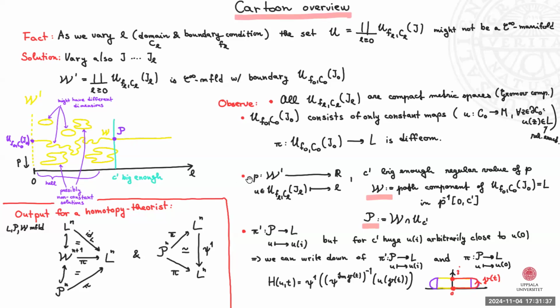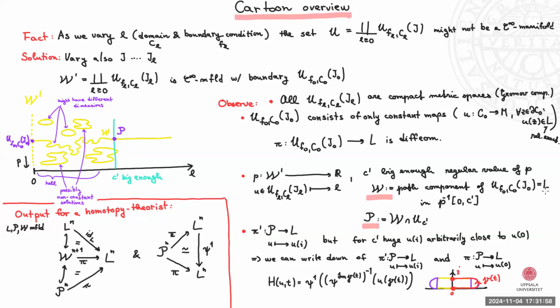What is this other projection? It spits out this L. When C is big enough and you choose C prime so that it's a regular value of this projection, you think about the path component of the moduli space that you started with.